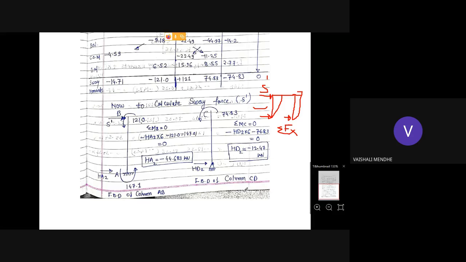I will wait some time, tell me the answer. From section A, from section B, no one is there.